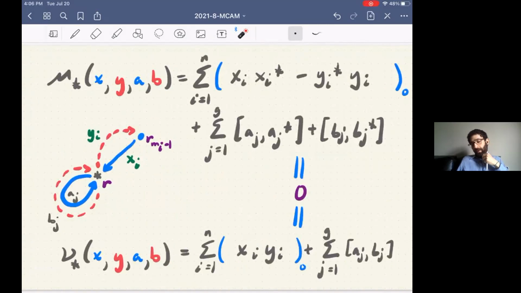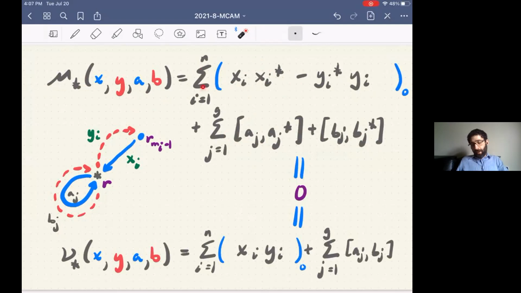And if I write down the moment maps, if I write down the real moment map for the central node in terms of the x, y, a, and b data, it looks like this. So here's my going out on x, coming back on the conjugate, and then when you do this with the a_j's and b_j's, you get commutators of a_j with its conjugate, and same thing with the b_j's.